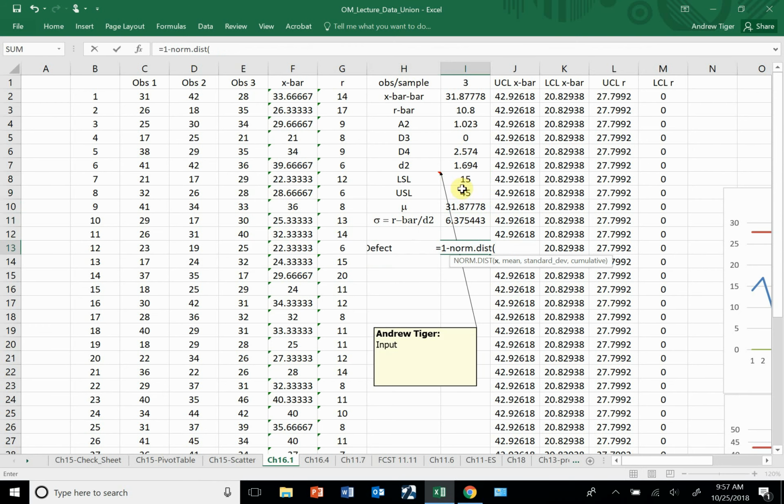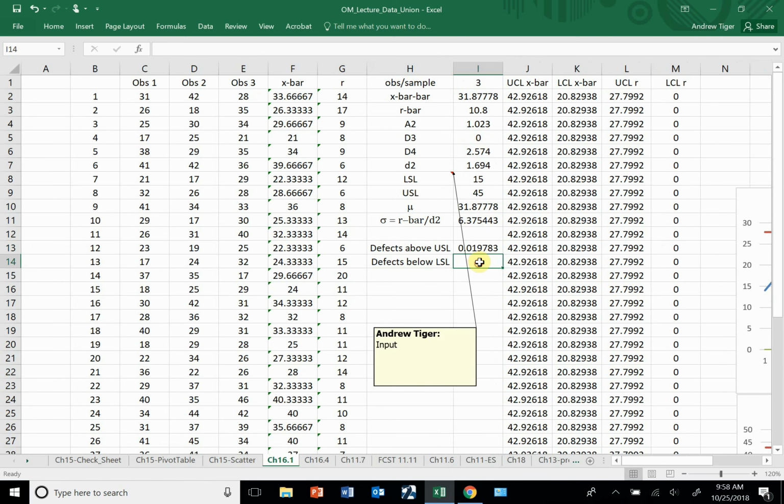You put in your upper spec, your mean, your standard deviation, and the last argument's always 1. Then the area of the defects below the lower spec limit is equal to norm dist. You put in your lower spec, the mean, the standard deviation, and the last argument's always 1.